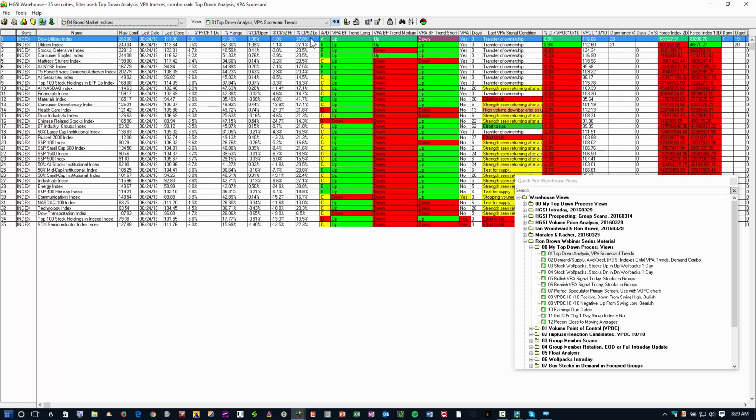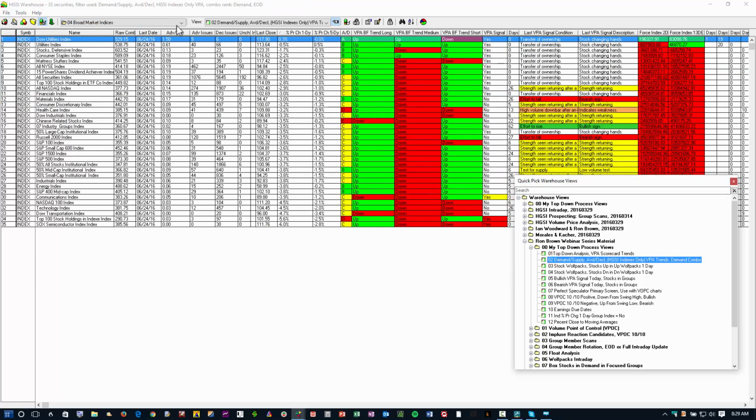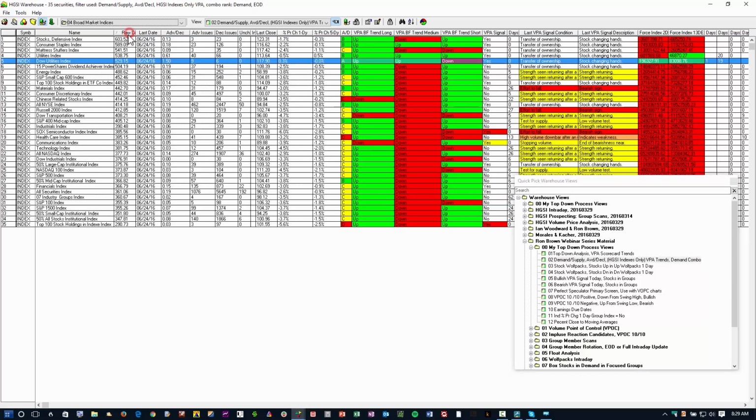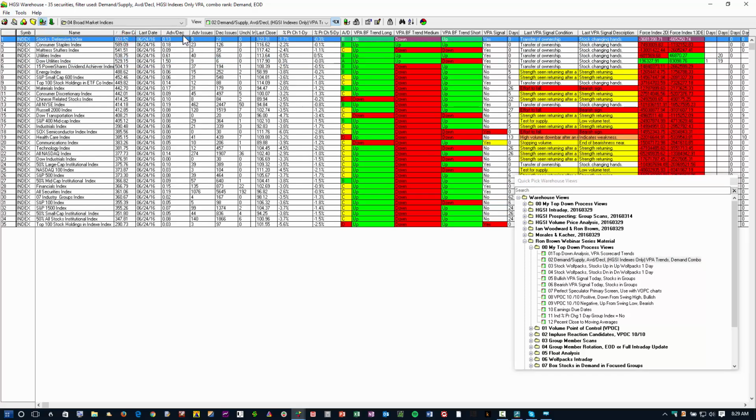I'm just going to go down to my broad market indices. Let's look at the number 2 view that I have in here. I want to show you the advancers versus decliners. If you look down this column right here, you'll see that the top 100 stock holdings in the indexes, these are the top 100 stocks in the NASDAQ 100, the S&P 1500, the S&P 500, and so on.